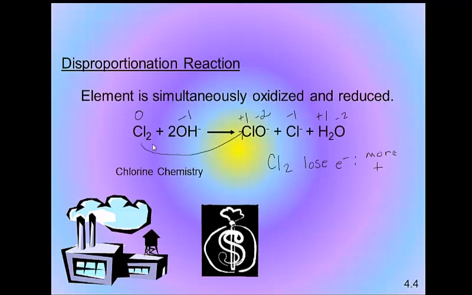And it also went from a 0 to a -1. So not only did the same substance lose electrons, but it also gained electrons and became more negative. And you'll notice there's only one reactant and 2 products. That's the usual format. So a disproportionation reaction is when the same substance gets simultaneously oxidized and reduced, meaning simultaneously loses electrons and gains electrons.